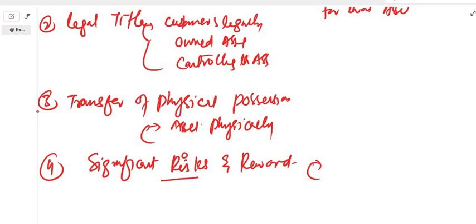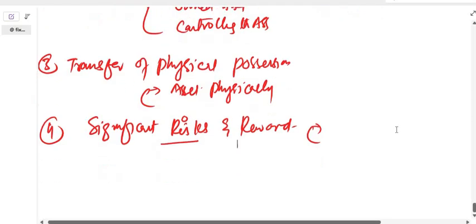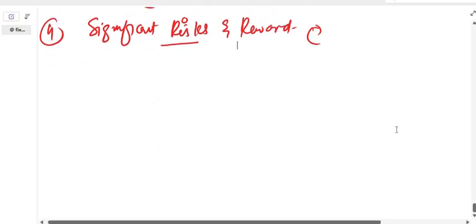If the entity is bearing significant risk and reward, control is not transferred. If the entity is not bearing any risk and rewards, then control is definitely transferred.